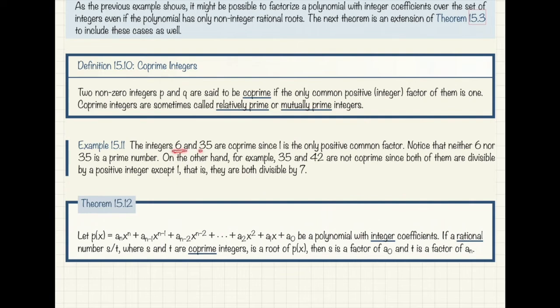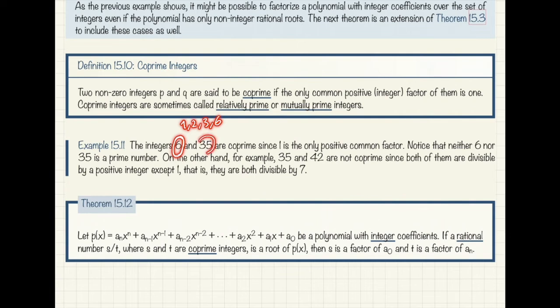Consider integers 6 and 35. First of all, you see that none of them are prime numbers. 6 is not a prime number. 35 is not a prime number. But we say that these numbers are relatively prime, or we say that these are co-primes. What does it mean? If you find the positive factors of 6, they are 1, 2, 3, and 6.